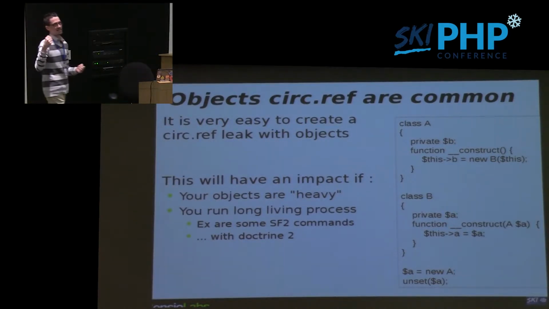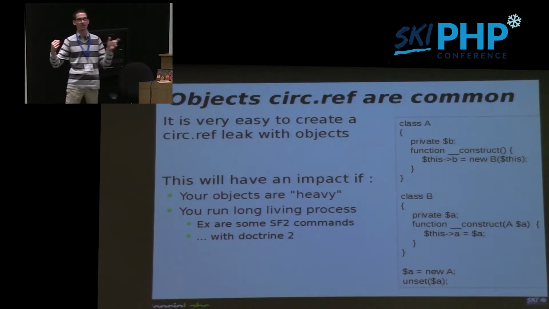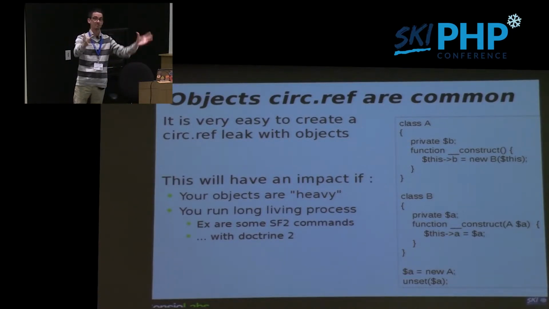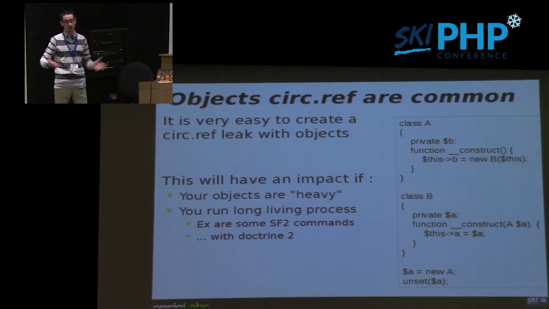So when I see the entity manager creates the unit of work and it passes itself and then back, and then you have lots of many objects, you just try to unset your entity manager and all the structures behind it stay in memory for too much time. That's by design of Doctrine 2, why not?